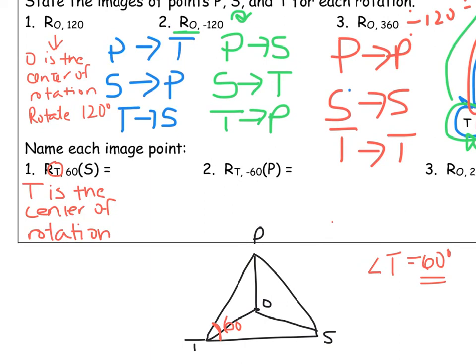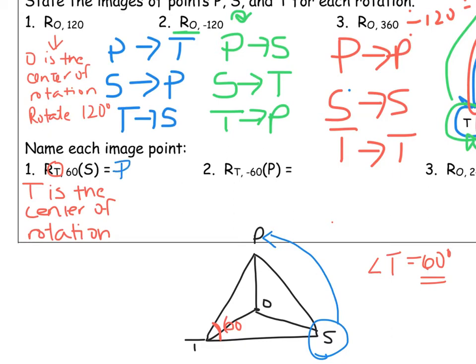Point S, one rotation where the center of rotation is T. And we're going counterclockwise. So point S, its new image point, is going to be point P.